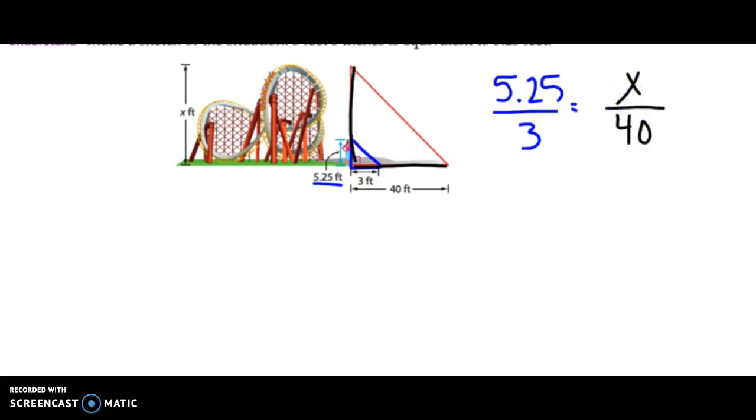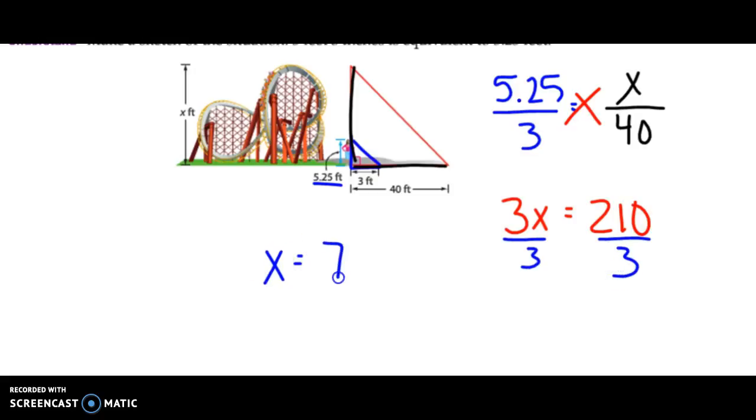And so now it's an easy proportion problem. We cross multiply. 3 times x is 3x. 5.25 times 40 is going to be 210. How do we get x? Divide by 3, divide by 3. So the height of the roller coaster is going to be 70 feet.